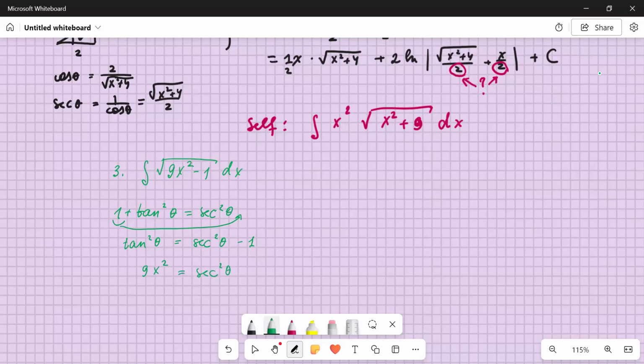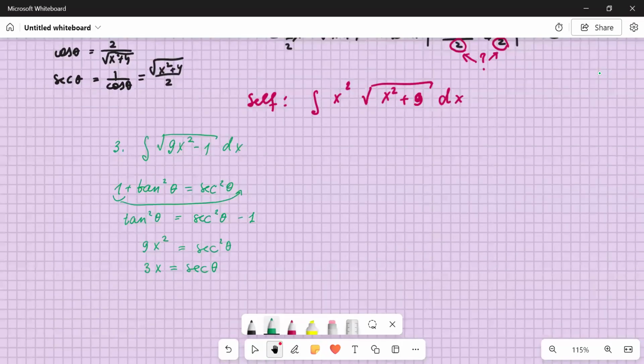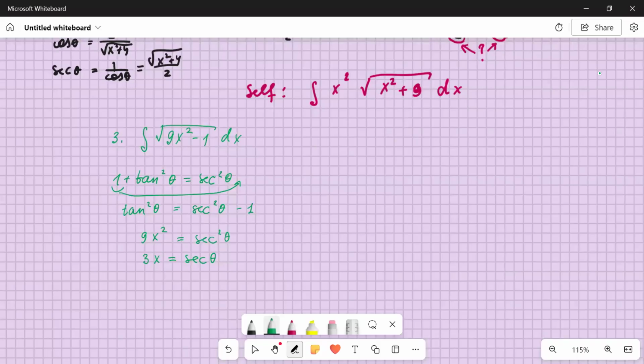Well, I'm making this comparison to make sure that you understand that actually 3x is going to be secant of theta. Why is it going to be 3x? Well, extract the square root from both sides. Now, maybe you wish, guys, to divide by this 3 just to get pure x. x equals 1 over 3 secant of theta.